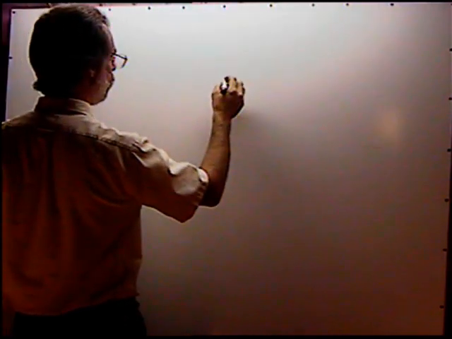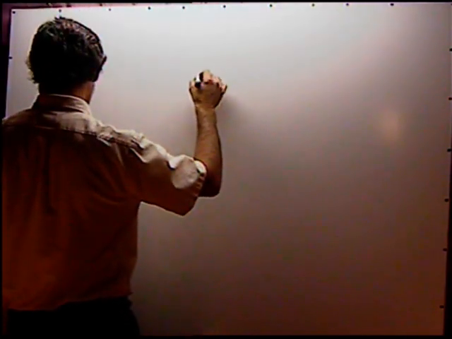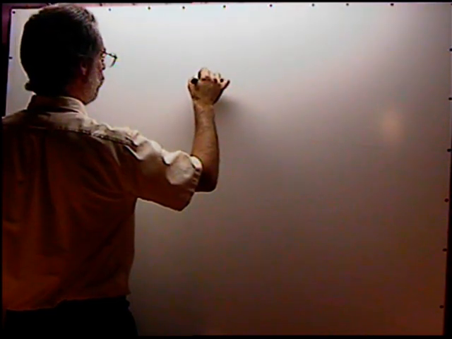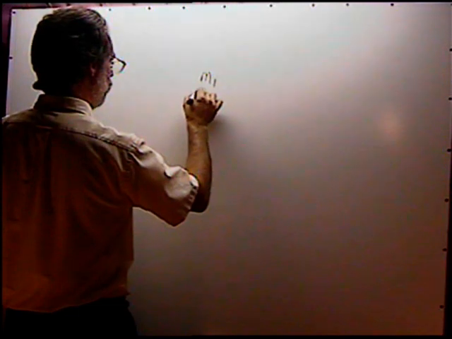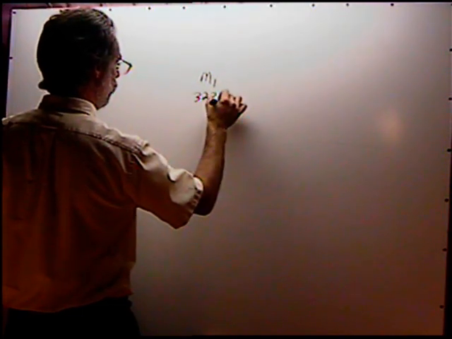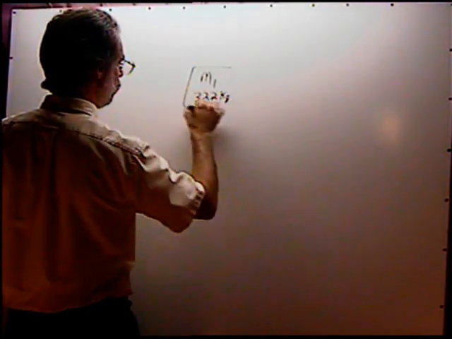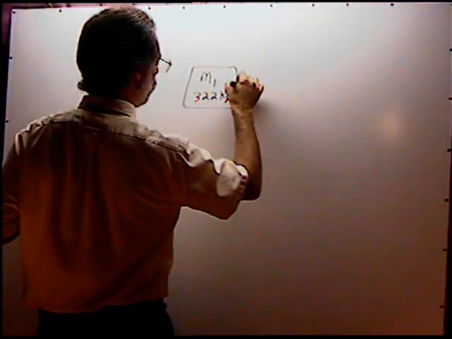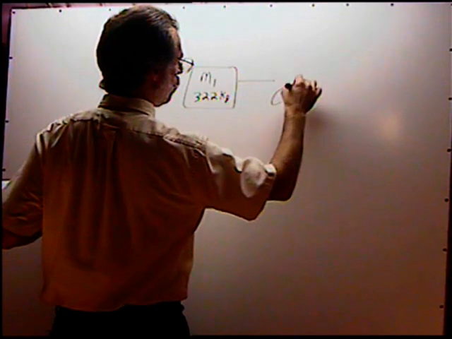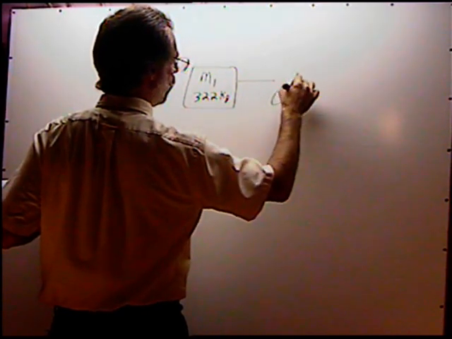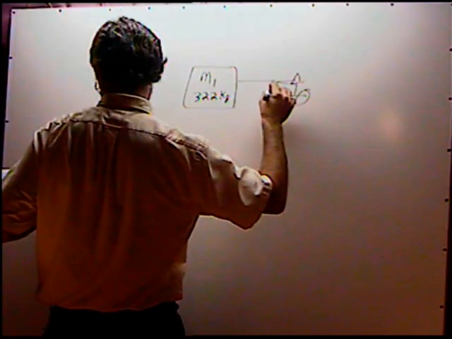The problem is this. A girl is riding, and there are two boxes. We'll call the first one M1, which is 322 kilograms. The girl is pulling this on a bicycle with a rope.